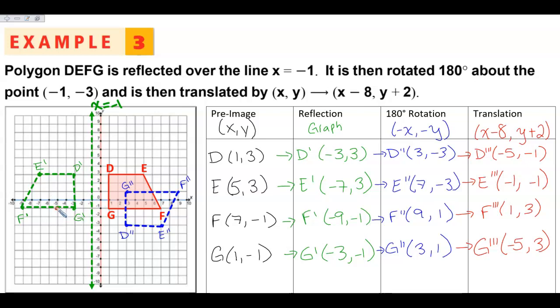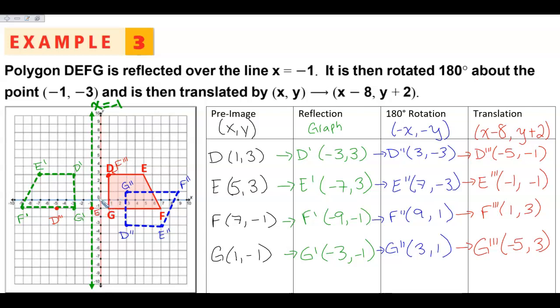So right here is D triple prime. Okay, E triple prime is -1, -1. F triple prime is 1, 3. So this is actually now my F triple prime right here.